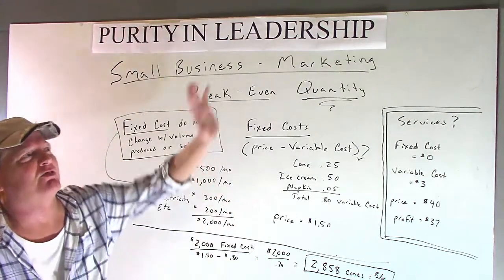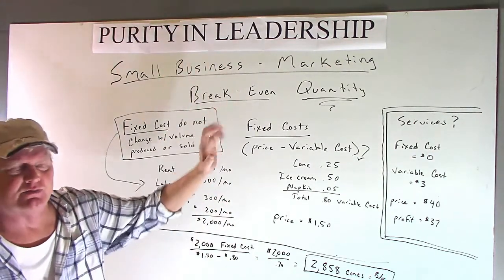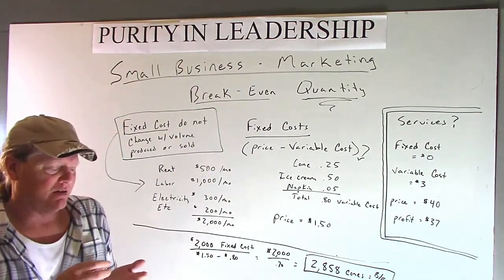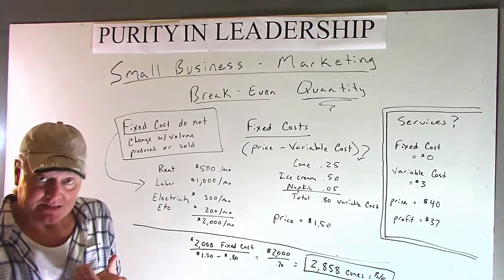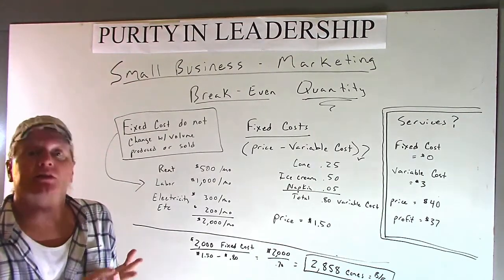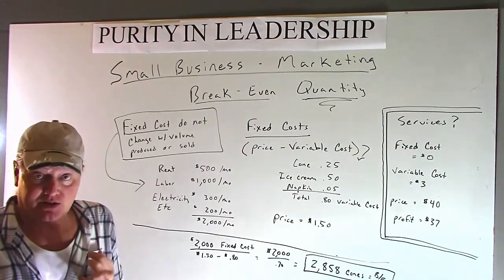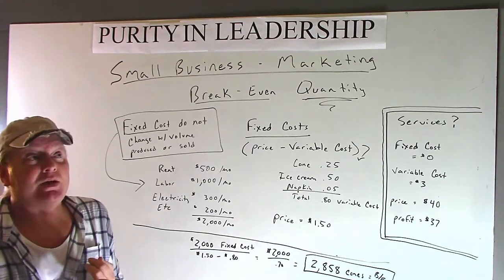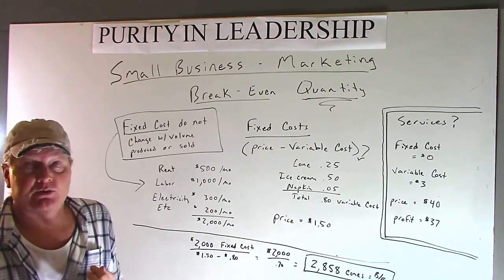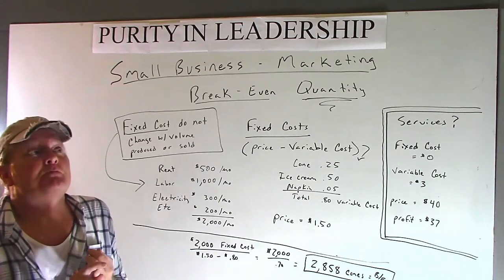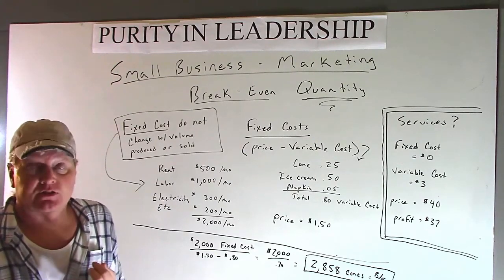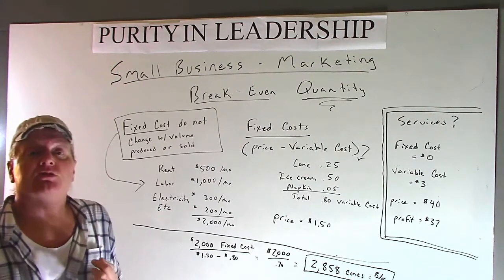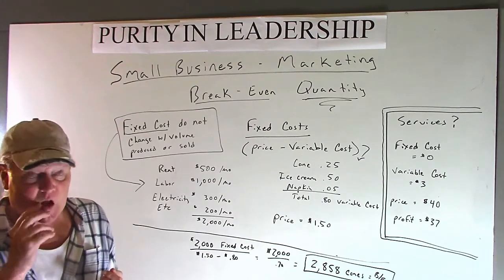So we've got to cover this $2,000, and we spend 80 cents, we get $1.50, we're left over with 70 cents. So we have to find out how many ice cream cones we have to sell to cover our fixed cost. Once our fixed costs are covered, then we start making money.